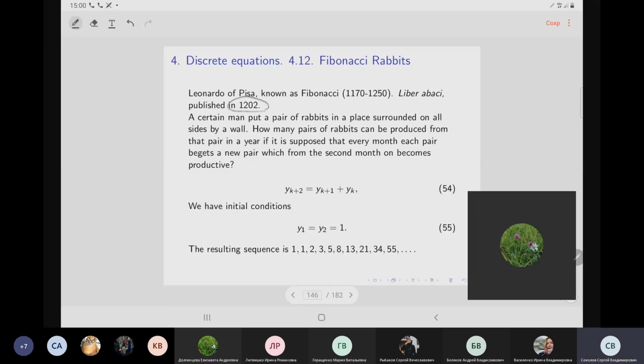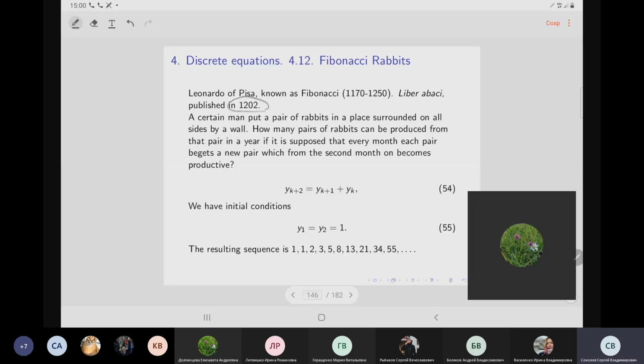A certain man put a pair of rabbits in a place surrounded on all sides by a wall. How many pairs of rabbits can be produced from that pair in a year if it's supposed that every month each pair begets a new pair, which from the second month on becomes productive?